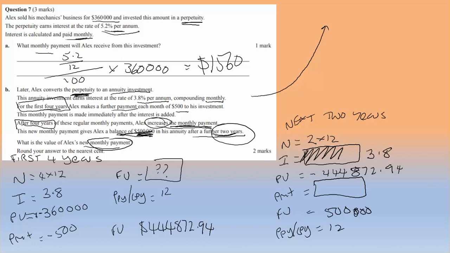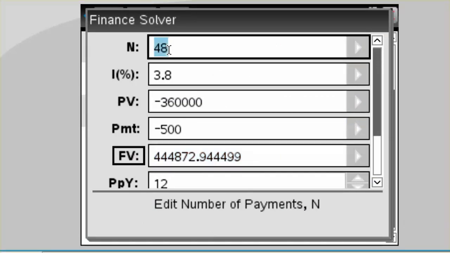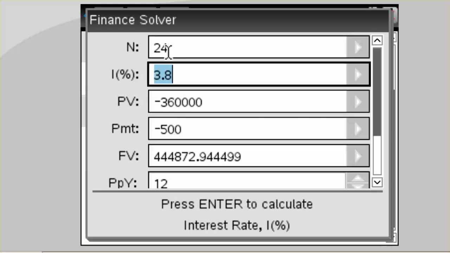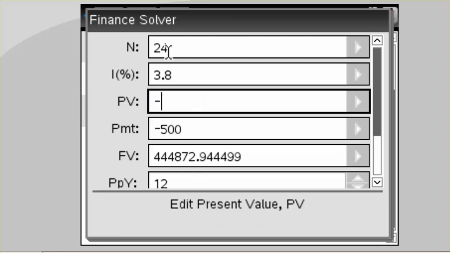So we'll put that in our CAS. Okay, this time it's 24 months. The interest rate didn't change. His PV is now negative 444,872.94.